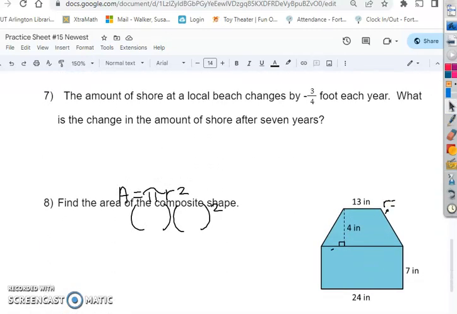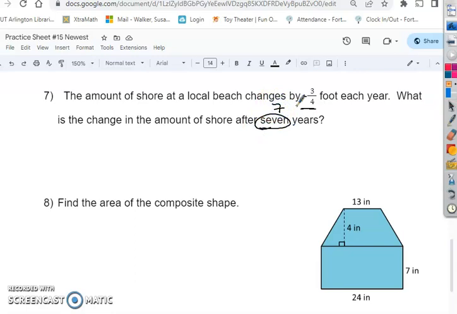Okay, this is number 7. This is a good one. It says, the amount of shore at a local beach changes by -3/4 of a foot each year. What that means is that the water is coming in. We're losing some of the sand, okay? What is the change in the amount of shore after 7 years? Make sure you put a 7 there.